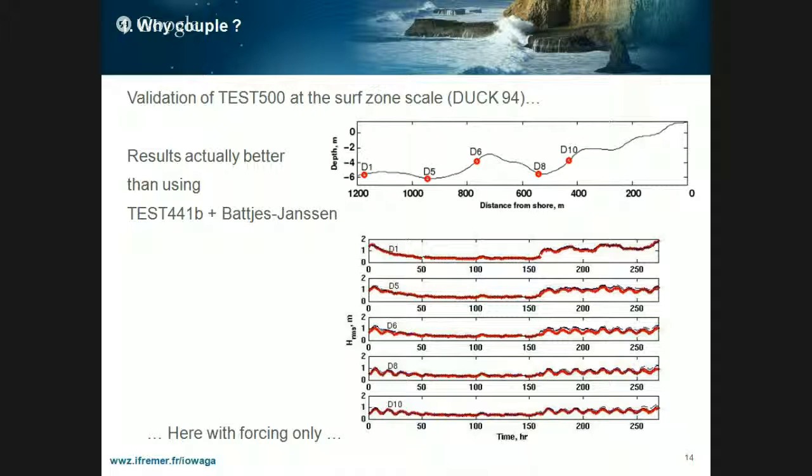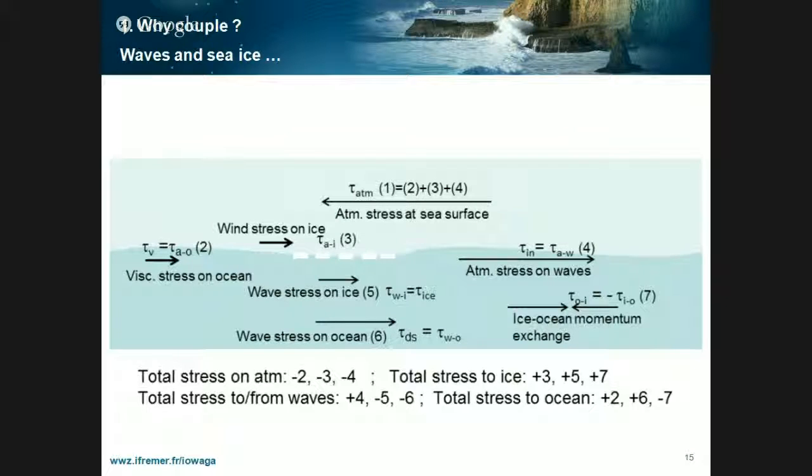This is the reason why the USGS developed their COAWST system, which is a coupling of SWAN, WRF, and ROMS, essentially for this kind of application on the beach.